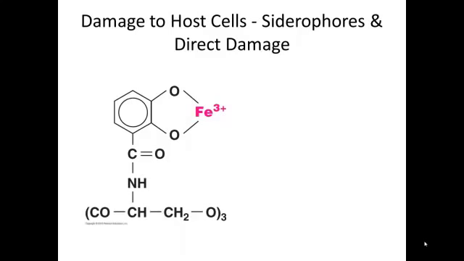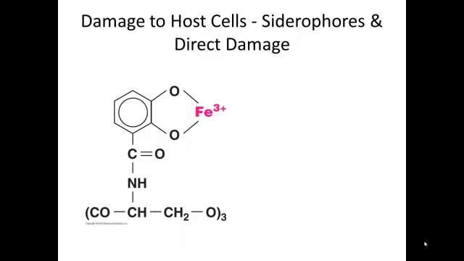So siderophores are proteins that carry iron. When you're thinking about that with humans, you usually think of hemoglobin. Hemoglobin does carry iron, but we're usually thinking about this in regards to how you get the iron to the bone marrow where red blood cells are being produced, where you're making the hemoglobin.